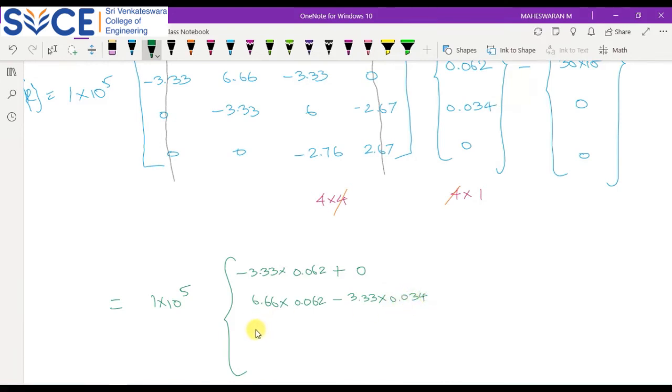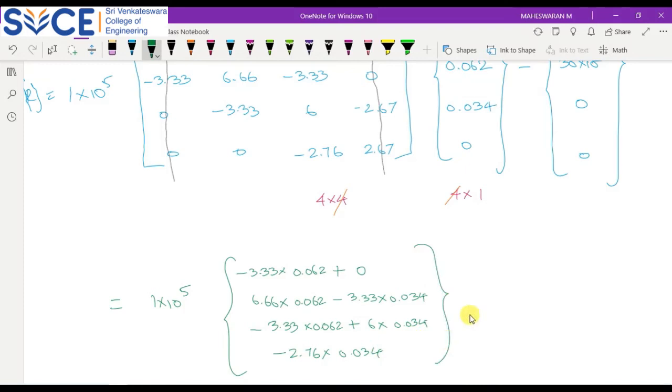Similarly, this one: minus 3.33 into 0.062 plus 6 into 0.034. This becomes 0, so the remaining is minus 2.76 into 0.034.